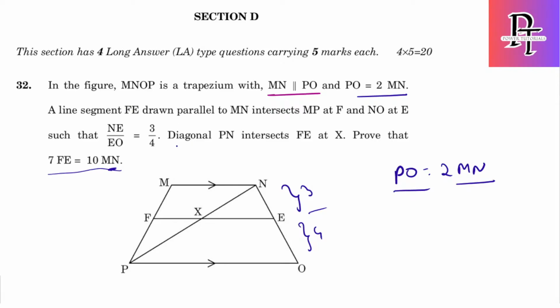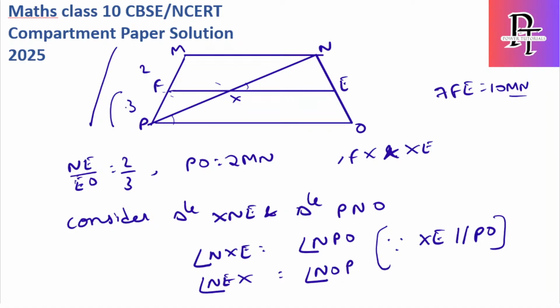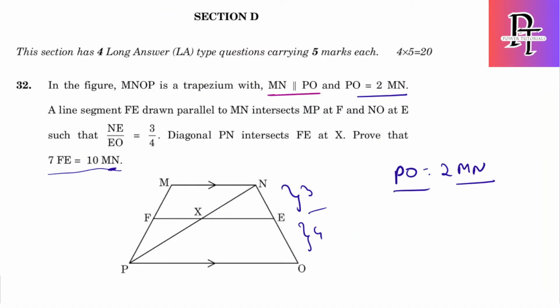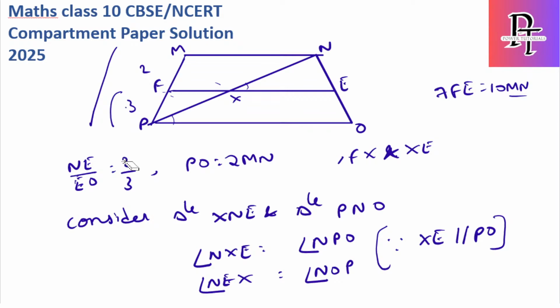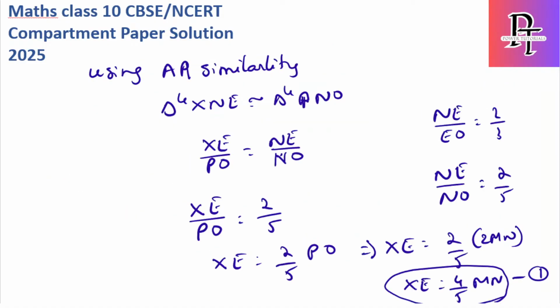Okay, sorry, small correction. It is 3 by 4, not 2 by 3. I think here I wrote it wrong. The ratio is 3 by 4. Sorry, guys. This is 3, this is 4. The steps will be almost similar, just the numbers are different.